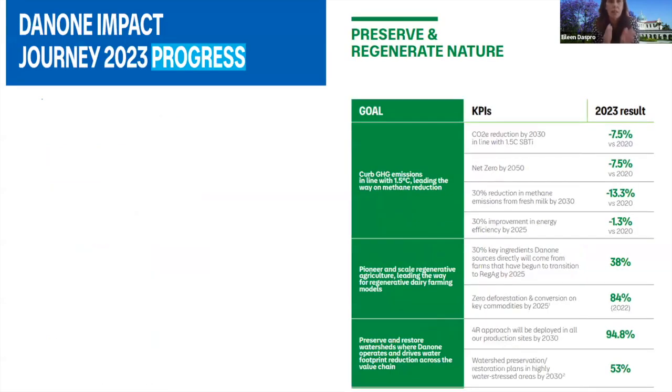They've identified clear goals along these 3 areas of impact. So this is preservation of regenerative nature. They have a clear goal and a time-bound KPI, okay? Some of them are 2030, 2050, 2025, et cetera. They're all quantifiable, right? 0, 10%, 1.5, whatever. And every year, they're tracking their progress towards achieving that goal.